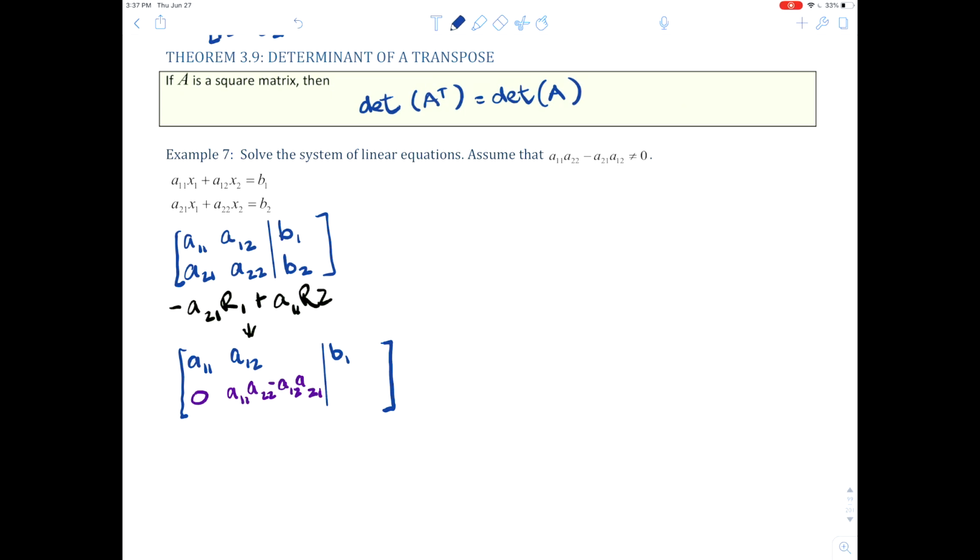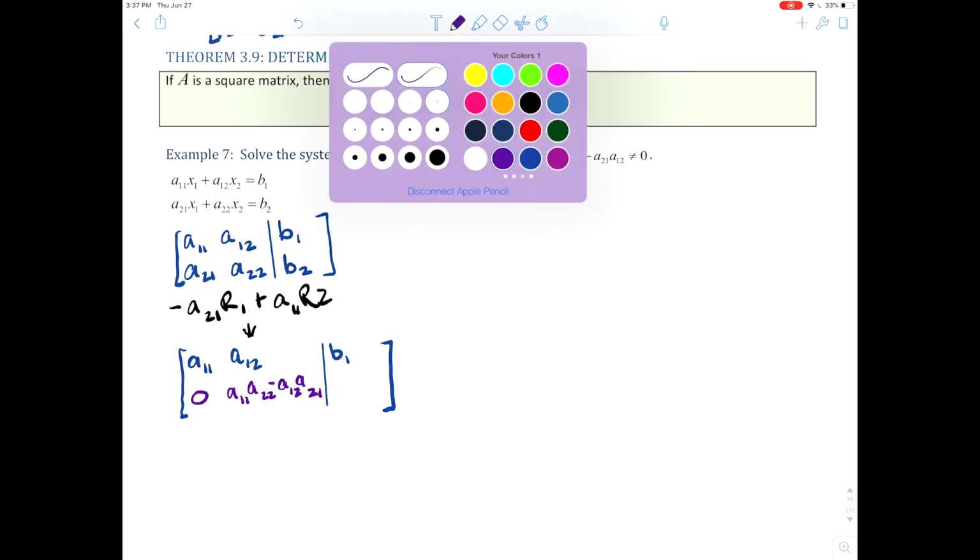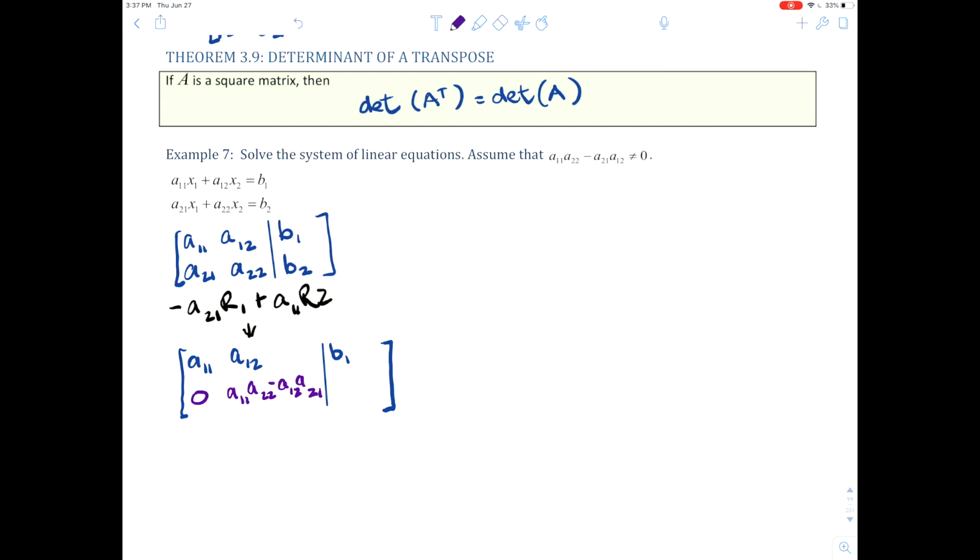All right, now what about for that last one? Let's see. So we'd have negative A21 B1 plus A11 B2.